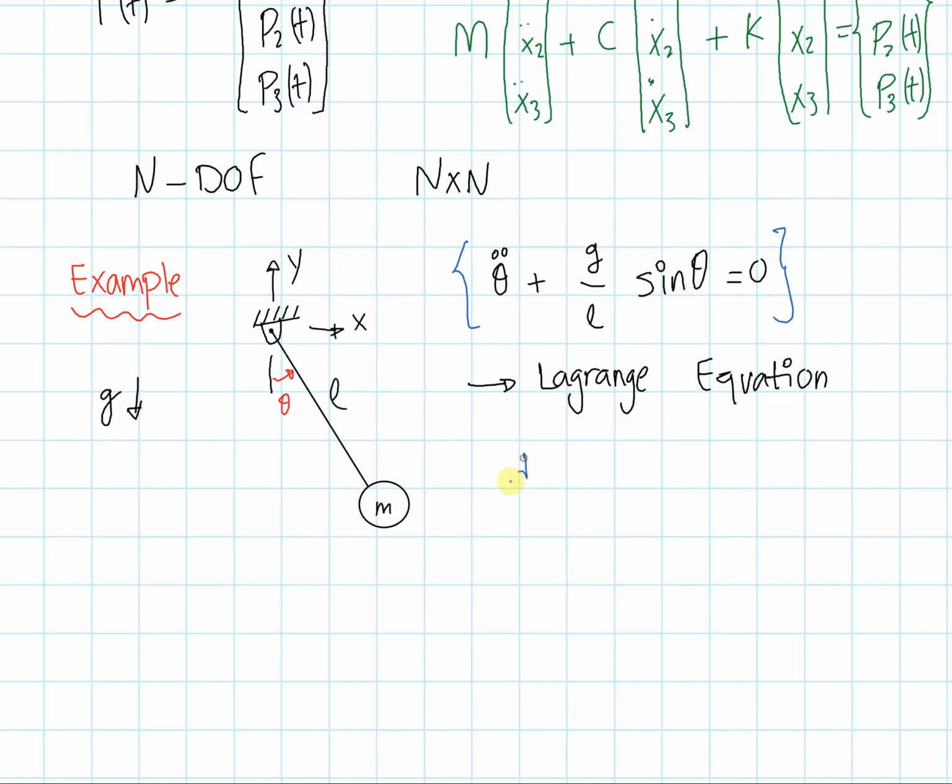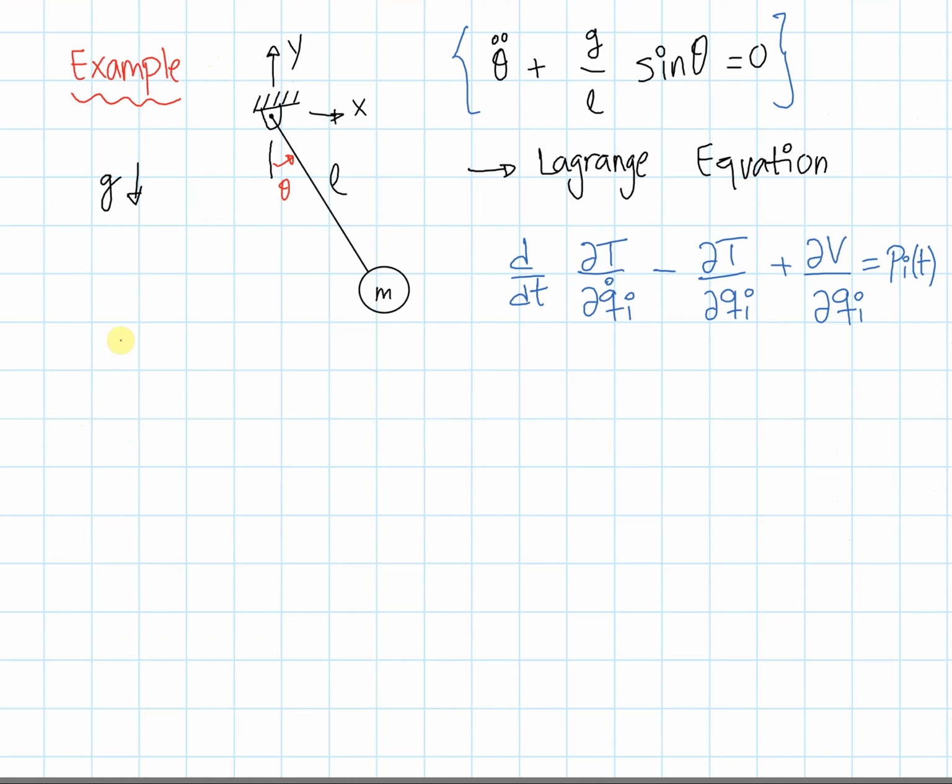So I have d over dt of partial T, and then there's a minus here, and another partial term here. This is what the Lagrange equation looks like, and it typically equals some sort of force function at the very end. So what are these T's and V's and q's?